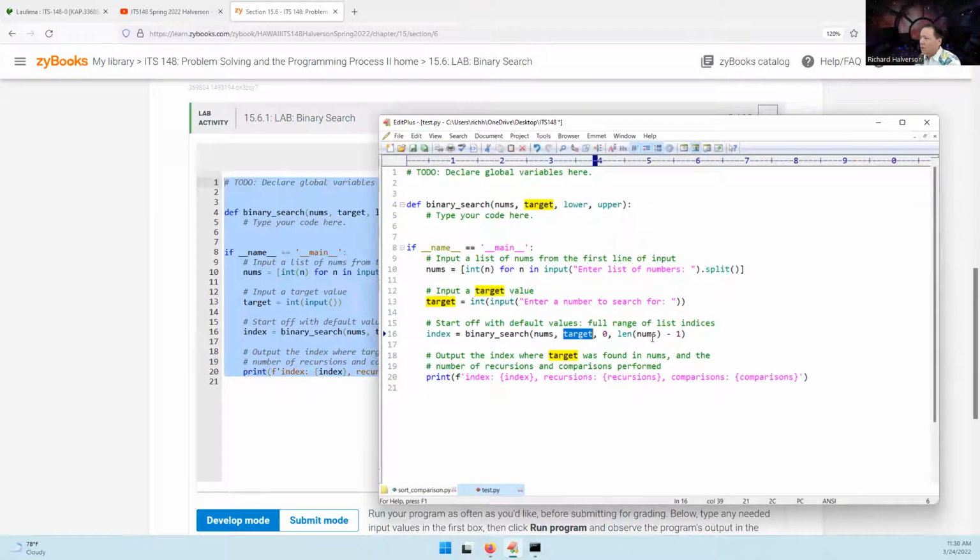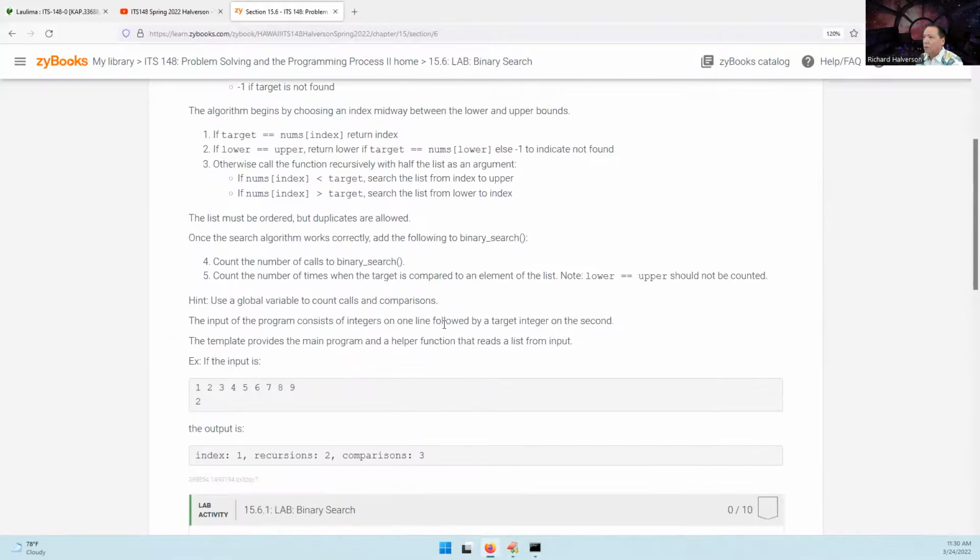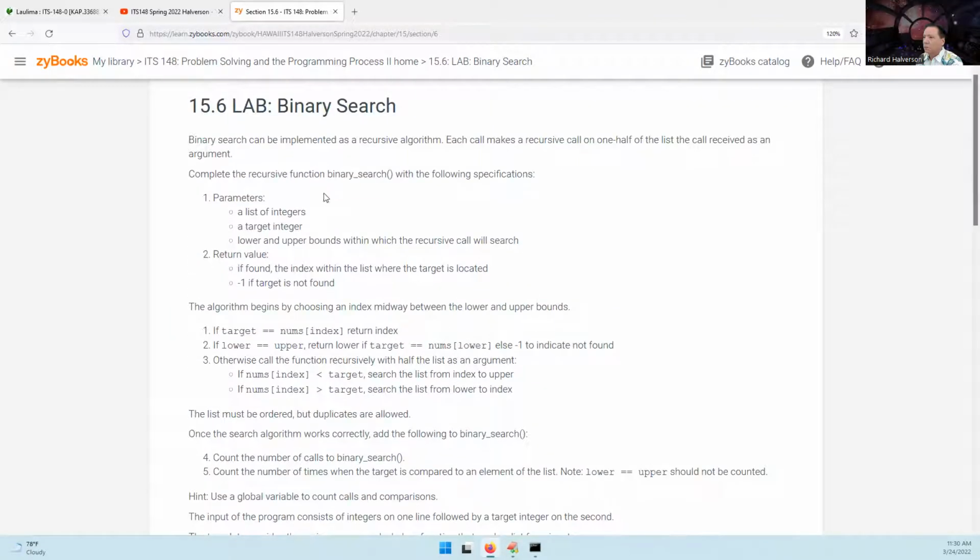Where does recursion, how are we supposed to keep track of the number of recursions? Complete the, okay, list of integers, target, lower and upper bounds. That's the binary search function. Return values that's found. The algorithm begins by choosing the index midway.